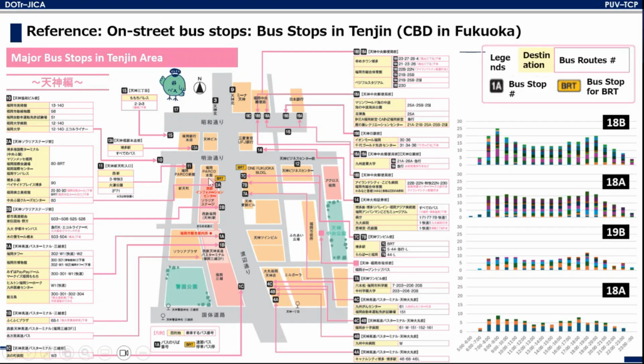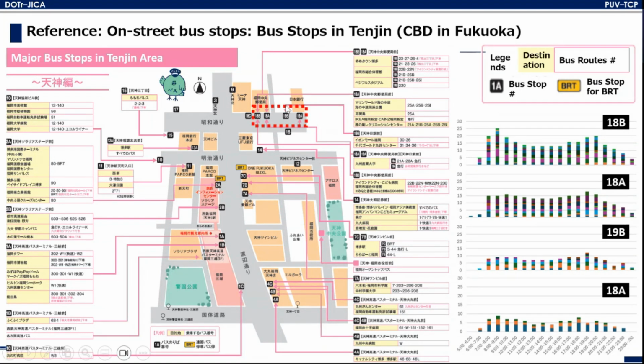If you want to go to the eastern side or northeast side, passengers need to go to a particular stop, and likewise for the east and southeast sides. According to such regulation or characteristics, the bus stops are arranged.